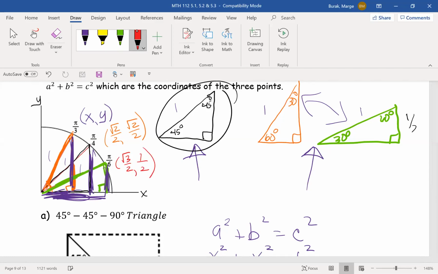So this is the 1/2, this is the square root of 3 over 2. Just like these were both radical 2 over 2's. And then this one, the short side is 1/2, and this is the square root of 3 over 2. So this point is going to be, the x is the short, which is 1/2, and the y is the radical 3 over 2.